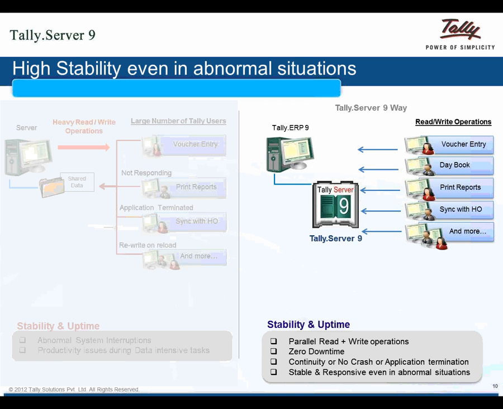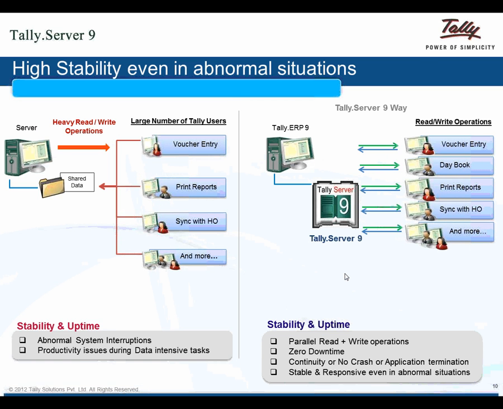Hence, it's called parallel read and write operation, zero downtime, and continuity, no crash or application termination. You can expect speed as well as zero downtime. You cannot find all these errors, not responding, rewrite, reload. All these errors can be eliminated by implementing Tally Server 9.